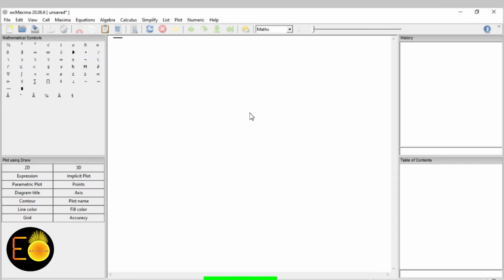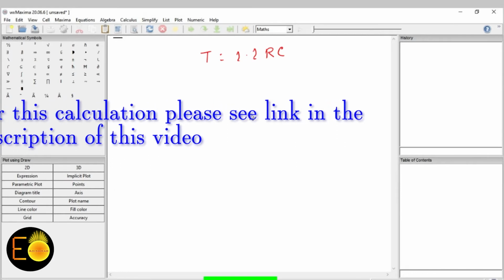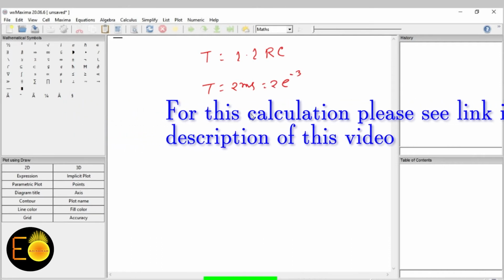Anyway, generally the equation for the time period for which the output stays at its quasi-stable state is counted as 1.1 times R times C, where R is the external resistor that I have shown you through which the capacitor gets charged up. For our design, I'm considering that T is going to be 2 milliseconds, or that is 2e minus 3.